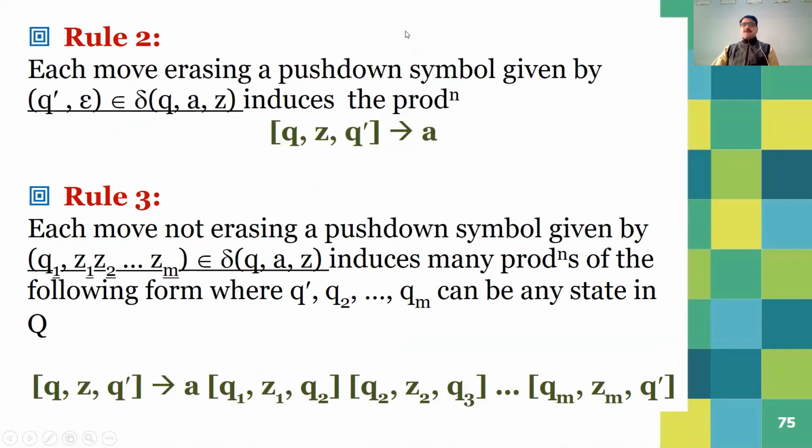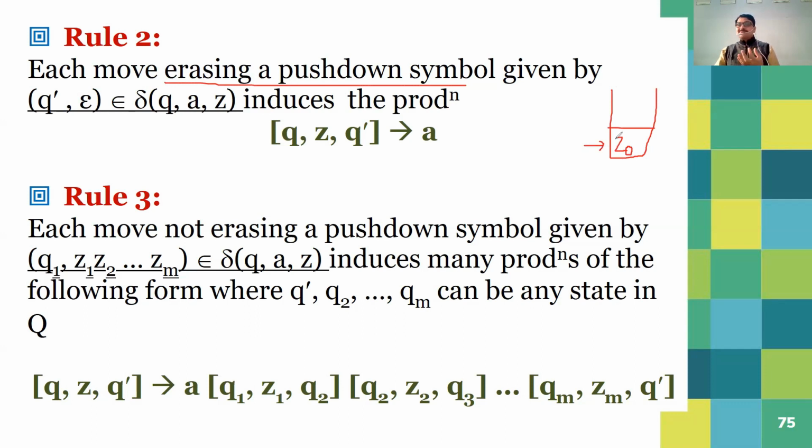Now the important point is how we can convert the transition function into the form of production rules. So now the important entity is just the production rule. Suppose this is the case of erasing the pushdown symbol. That means you are reading a symbol, you pop the symbol from the stack, and you are not pushing anything into the stack.